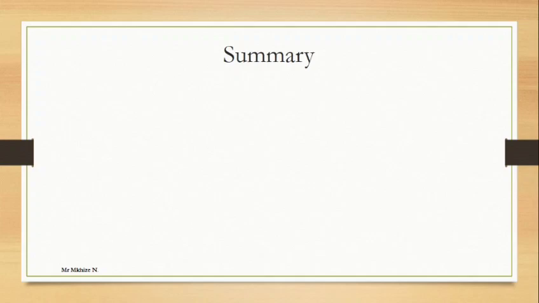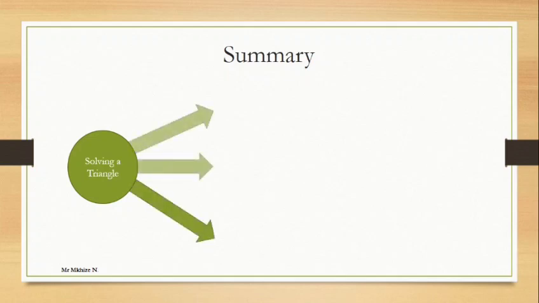So just to conclude, and remind ourselves of what we've gone through. We've talked about solving triangles, and we did specify that we had three possibilities whenever we wanted to solve triangles. The first one was sum of angles in a triangle, which we said those angles will add up to 180 degrees.